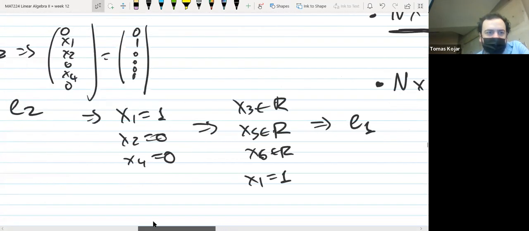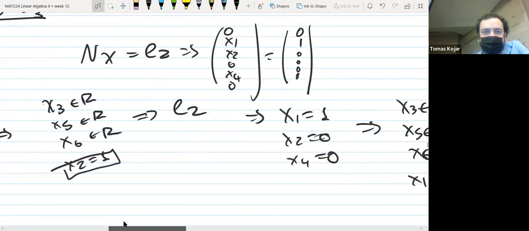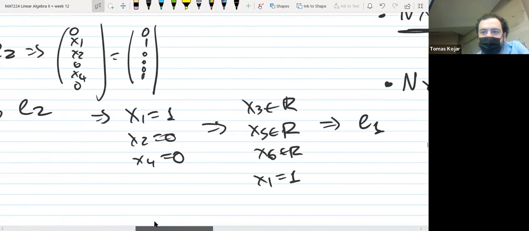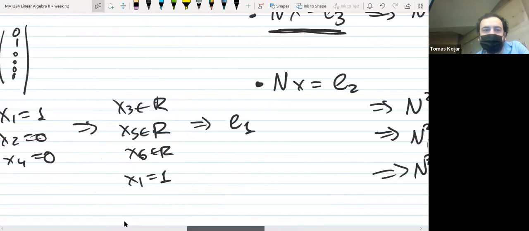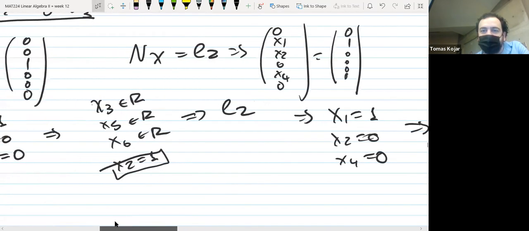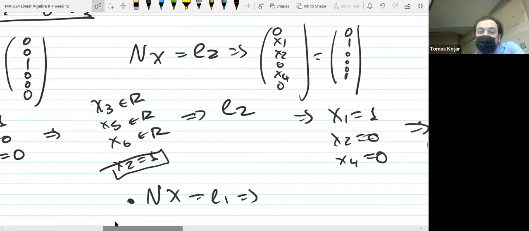What did we do here? We solved Nx equal E2, and I got E1. Right. So I can only do it 2 times. Because if you do this again, so suppose you try to do, yeah, let me do it one more time. So if you play this game again, what happens?